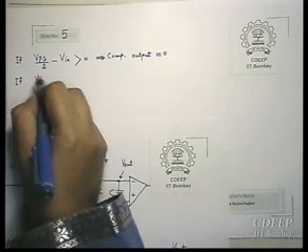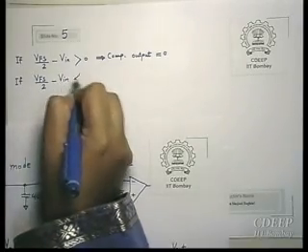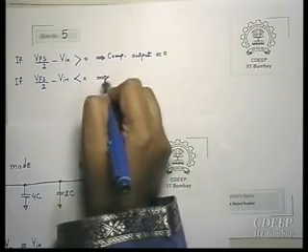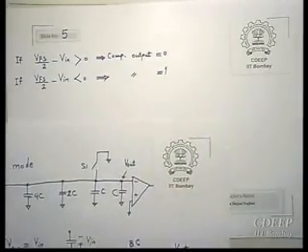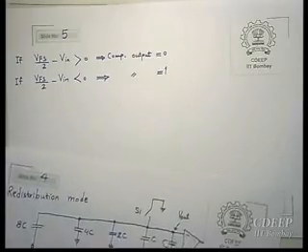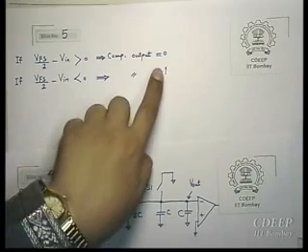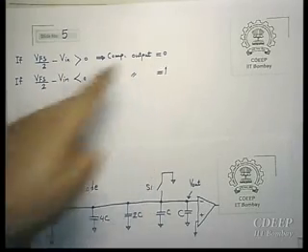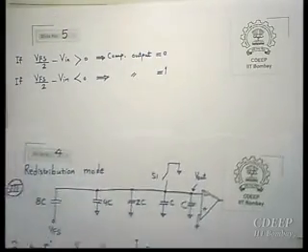If V full scale by 2 minus V in is less than 0, then the comparator output will be 1. This means that V in is less than V full scale by 2, therefore comparator output will be 0. So according to this, we will decide what will be the next stage, right?